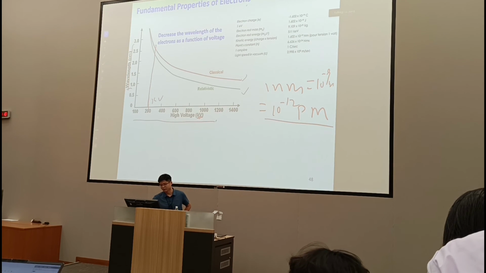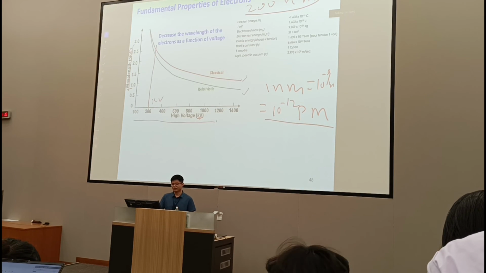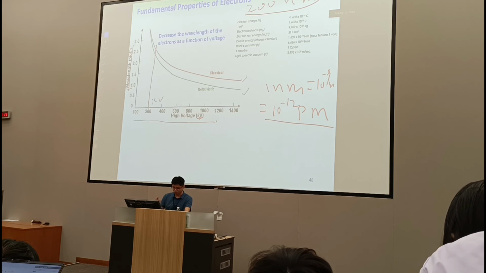So just now the photon emits at 200 nanometer. Here it is reduced by 10 to the power of 5 times. So the wavelength of electrons is very, very small compared to photons, right? So when you use electrons as the imaging source, there is, in principle, no diffraction limit anymore, from the wave point of view.